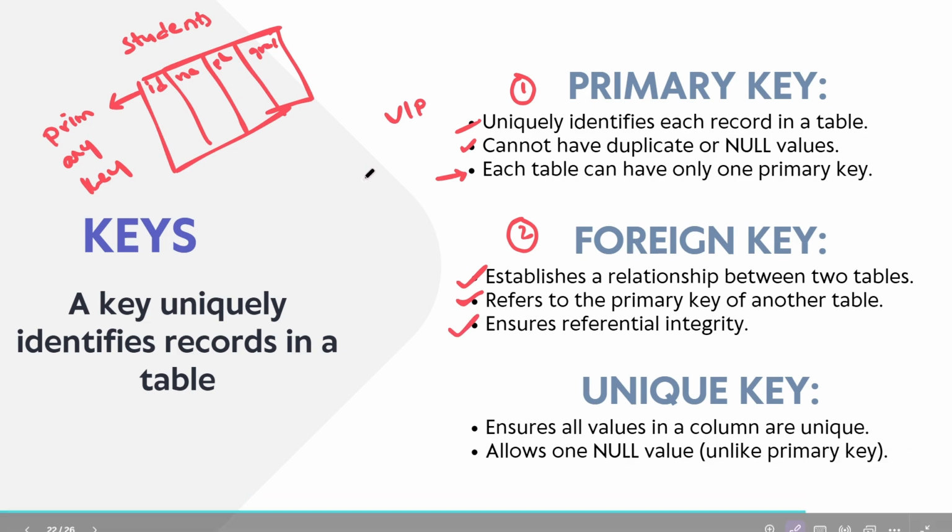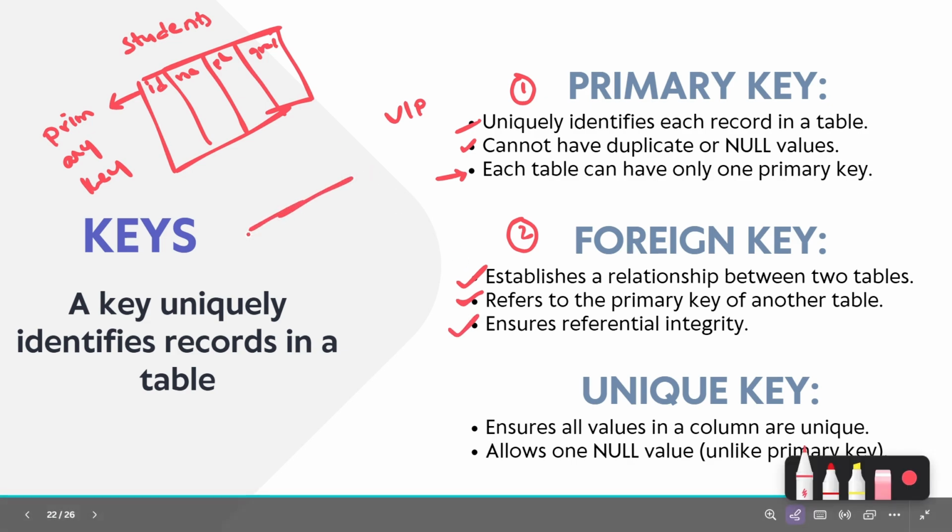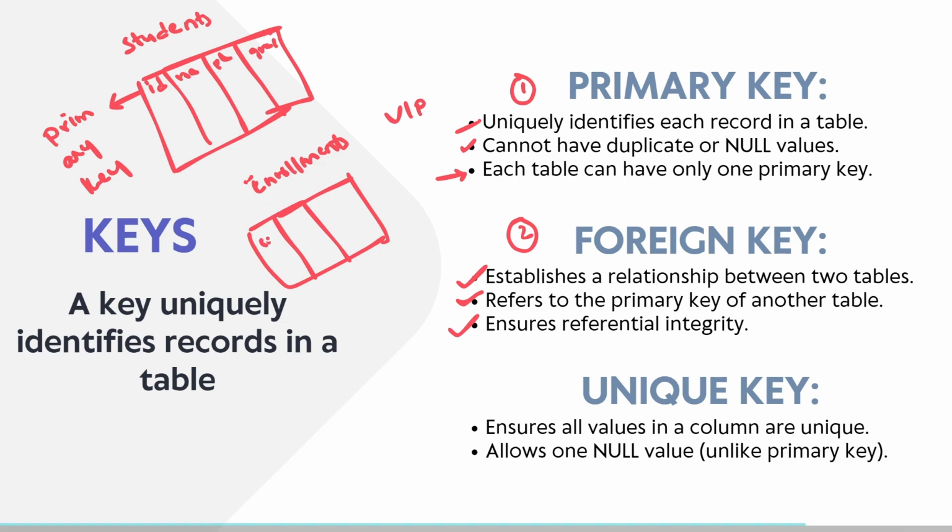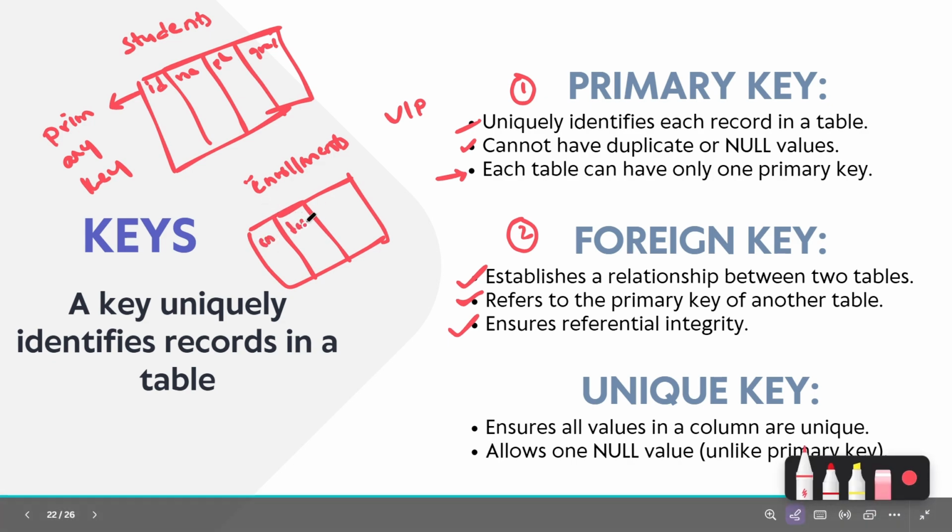Now, let's assume that we have another table called enrollments. Alright, in enrollments, we are going to have another three columns. Let's say the first is going to be enrollment ID, and this is going to be date, and here it is going to be student ID.